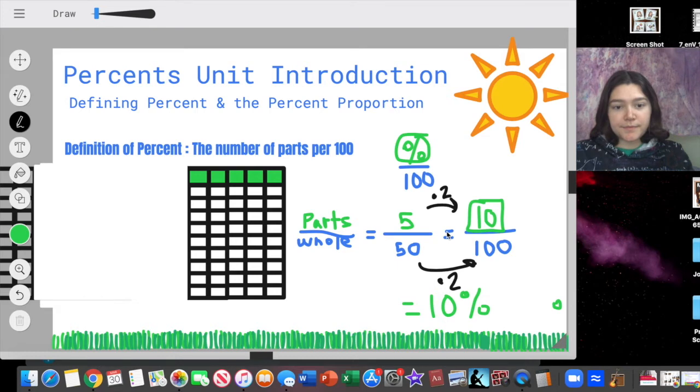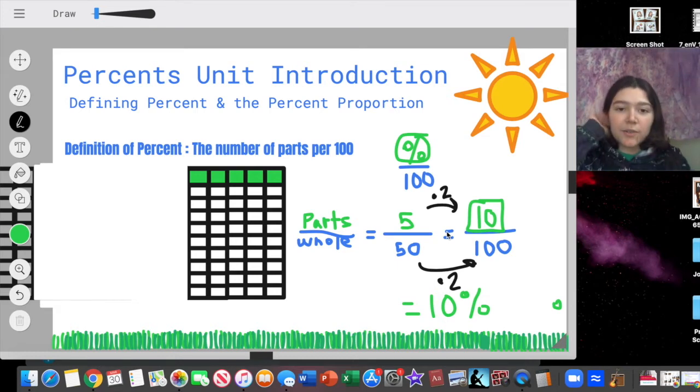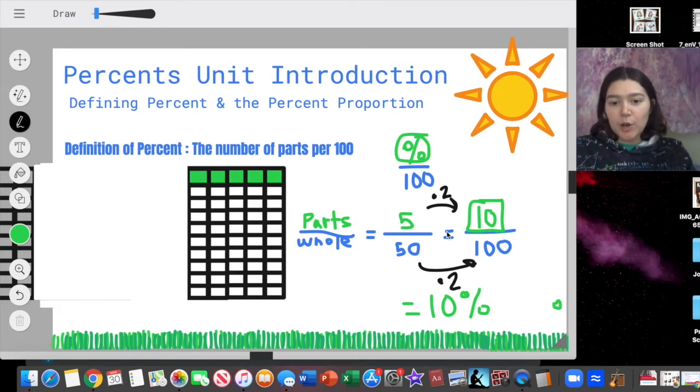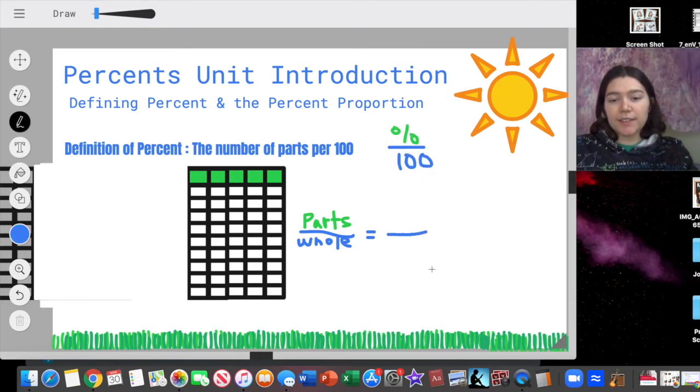Okay? Awesome, so this is going to lead us into what's called the percent proportion, which is basically what we just did, it just becomes a little bit more general. So for the percent proportion, remember a proportion is when we have two equivalent ratios that are set equal to each other. So this is going to set up the idea of a percent.